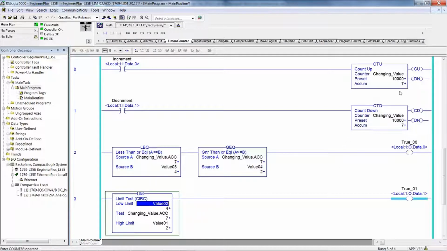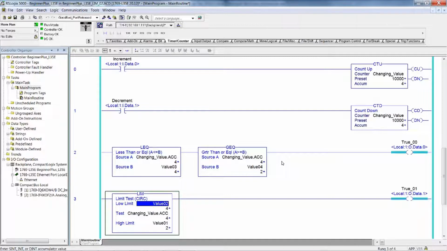Okay, we're at 7 for an accumulate, and I said to decrement back to -3 and record the results in the table. So right now, true 0 is off, true 1 is on. Decrement, true 0 off, true 1 on. True 0 off, true 1 on. So we're at 5.